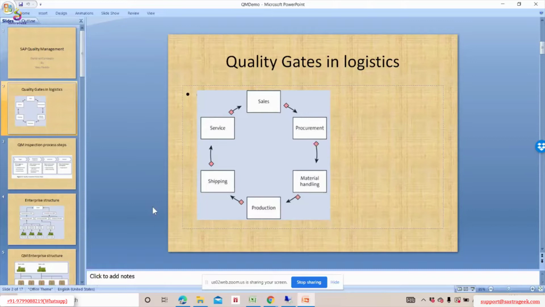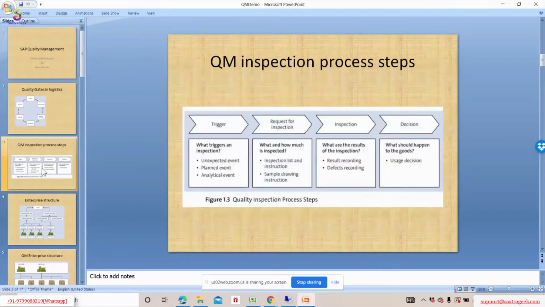Suppose they are doing an annual maintenance of the machines, or a breakdown maintenance of those machines, and whenever they feel that a specific equipment has to be calibrated on an annual basis or a monthly basis, however they feel it, then there will be a calibration testing to be done. For that, there will be another inspection lot with a different inspection type. Okay, so with this, we understand what triggers an inspection lot.